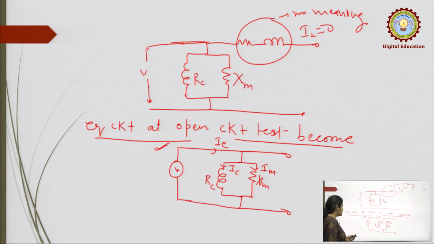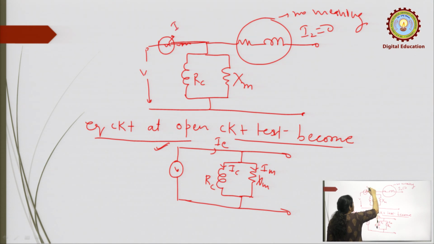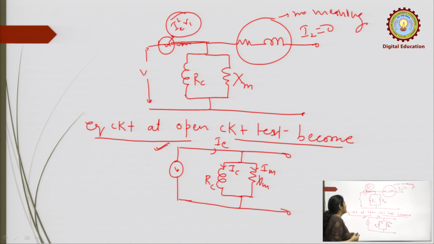If you consider the resistance in the primary, there is a power loss in the primary, that is I square R1, but the no load current is very small, so we can neglect this power loss.